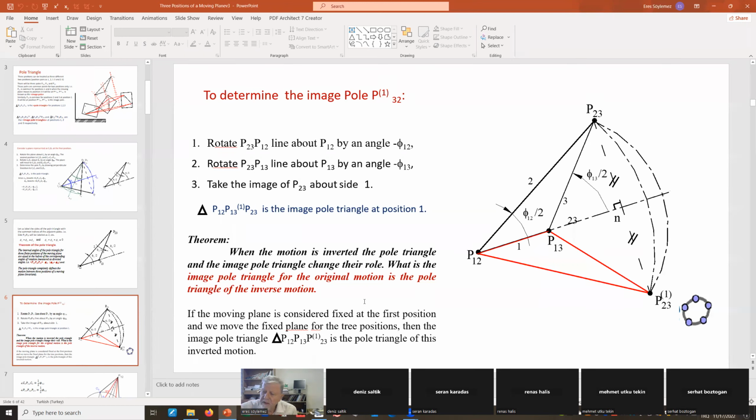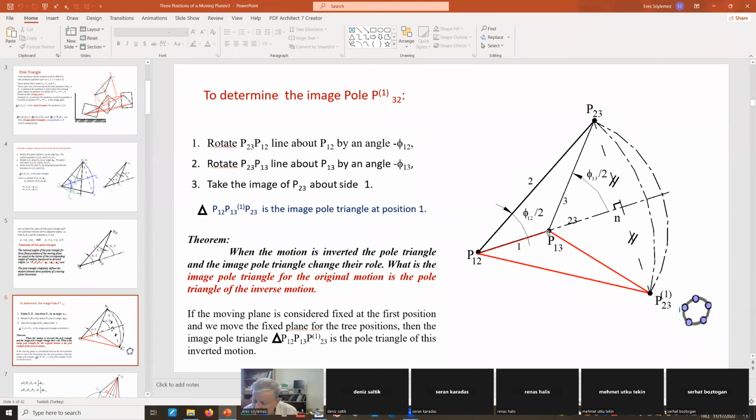If you keep the rigid body fixed in position 2 and determine the relative positions of the fixed plane, then it will be the pole triangle P12, P132, P23. For P132, you will have to rotate, take the image of P13.